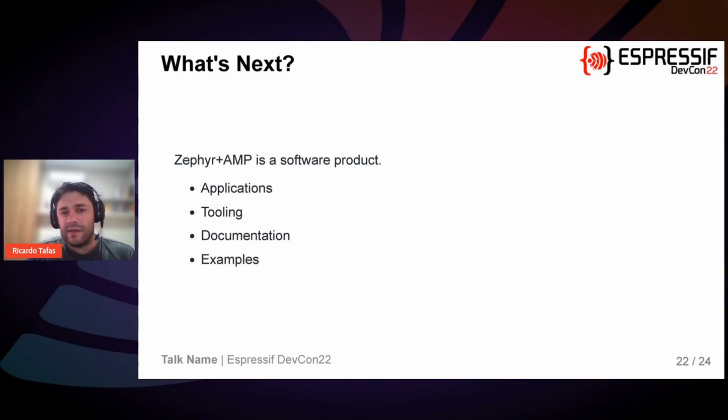What comes next? If it's a software product, it's intended for people to use it, so what comes next is tooling. We have to provide the tools for people to use it. The current state of this implementation is that there are a lot of handcrafted commands and configurations that have to be set to build an AMP solution.